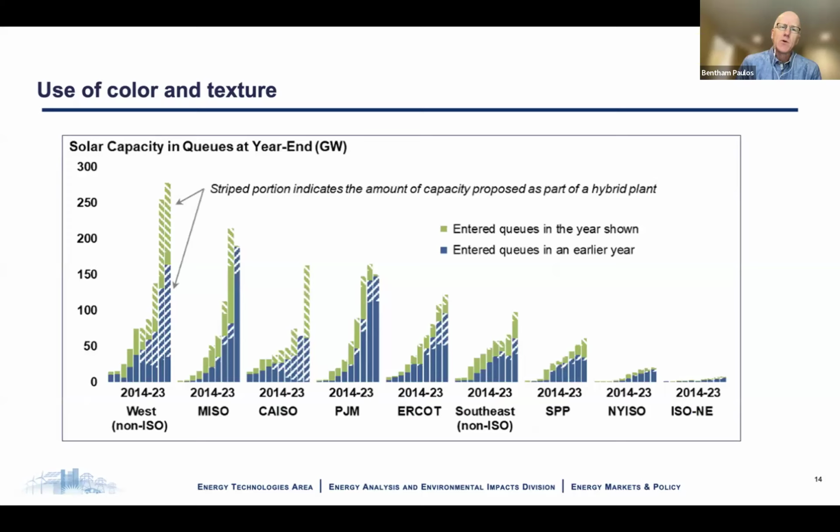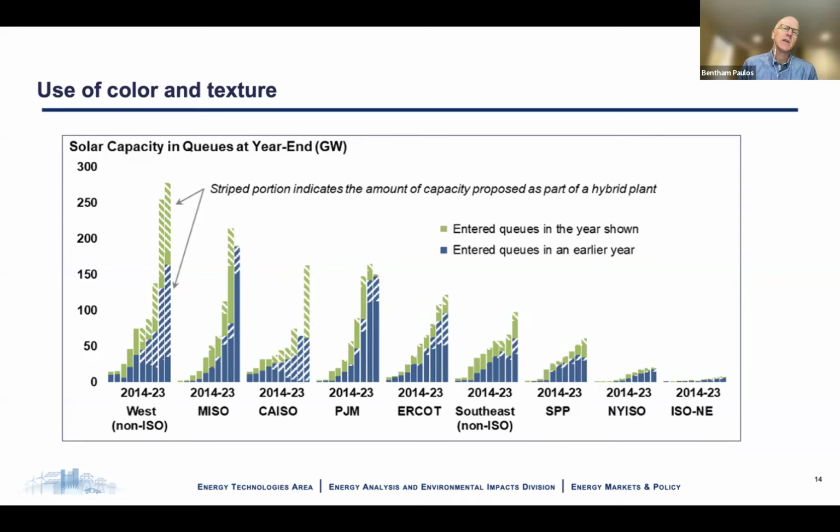This is another example from that same report about the interconnection queues, where they used texture as well as color. And another case where they needed to add a label to clarify what they were doing, which is sometimes a signal that maybe it's not the best choice.